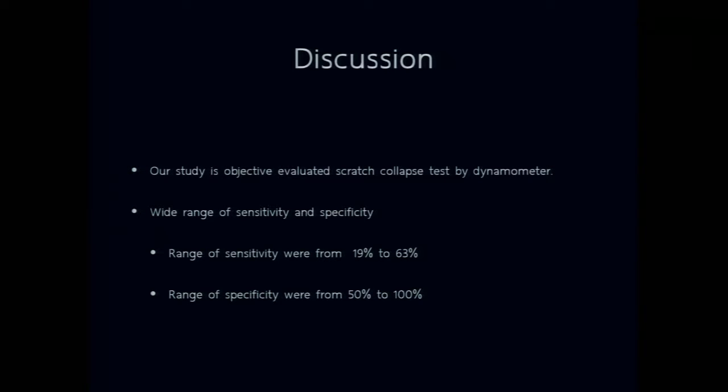Our study objectively evaluated the scratch collapse test by dynamometer. There is a wide range of sensitivity and specificity. Sensitivity ranged from 19 to 63%, and specificity ranged from 50 to 100%.